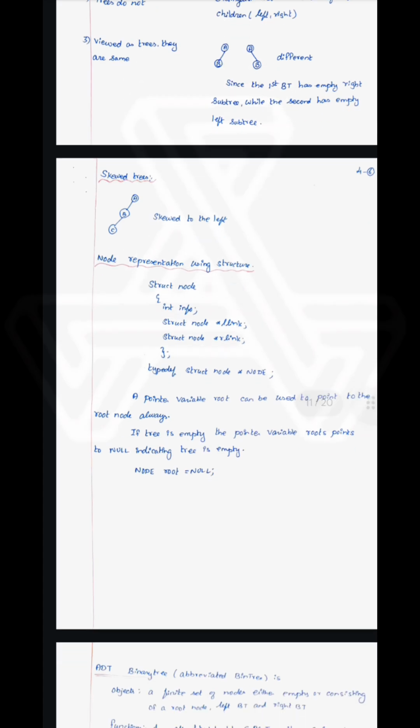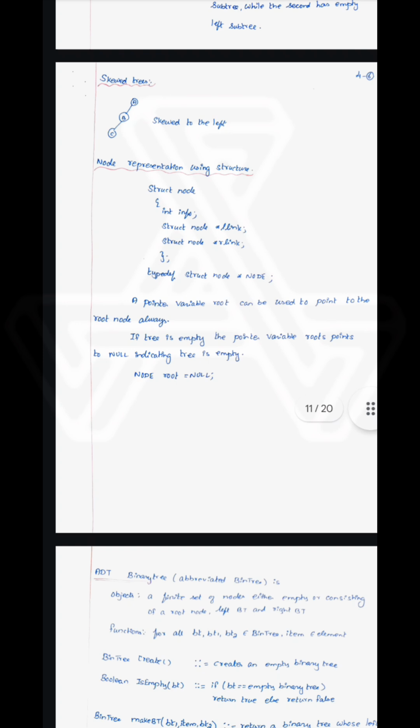Node representation using structure: struct node { int info; struct node *llink; struct node *rlink; } typedef struct node. Pointer variable root can be used to point to the root node always.